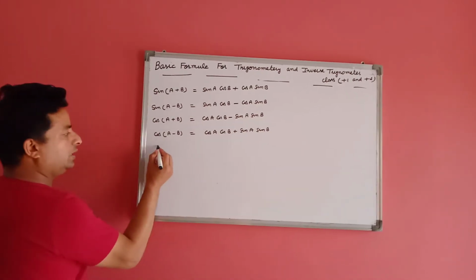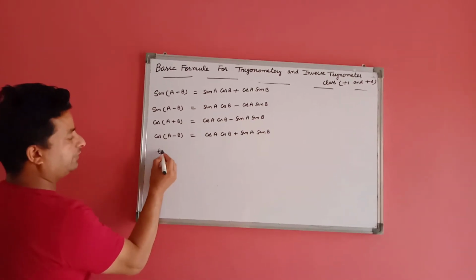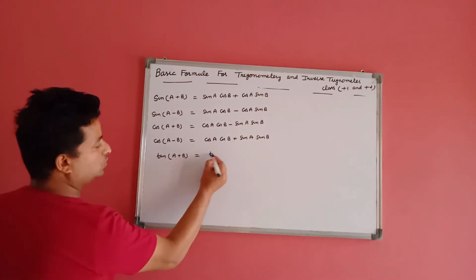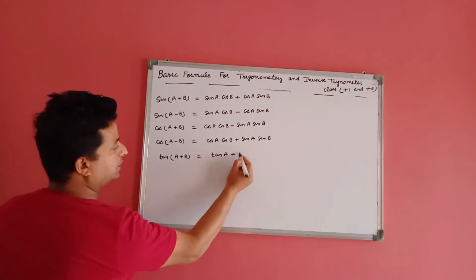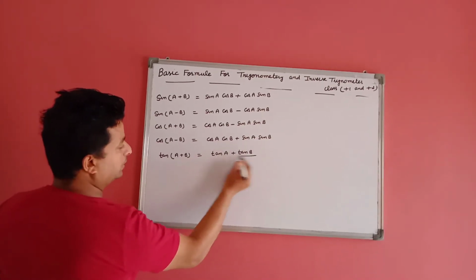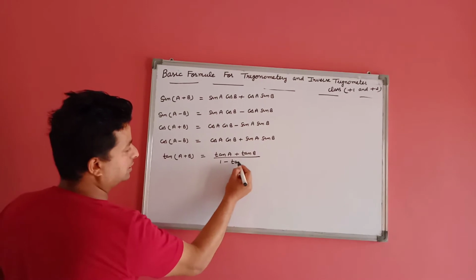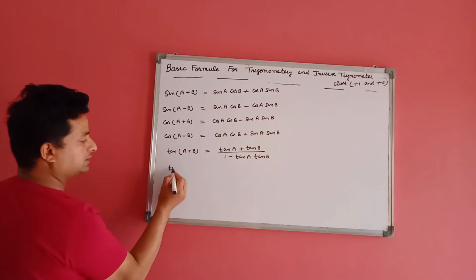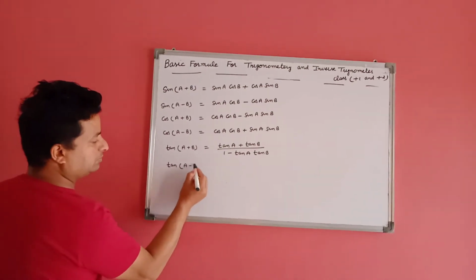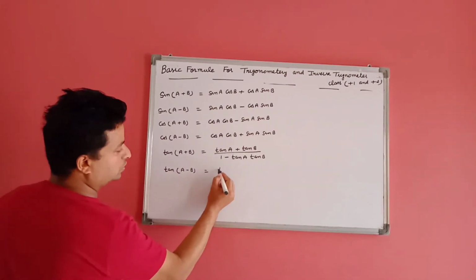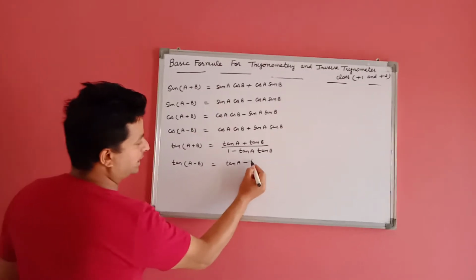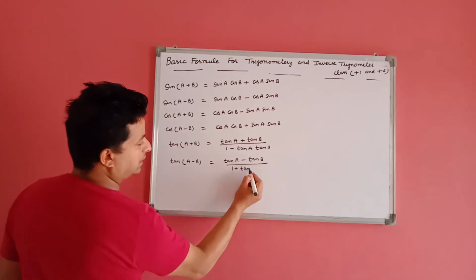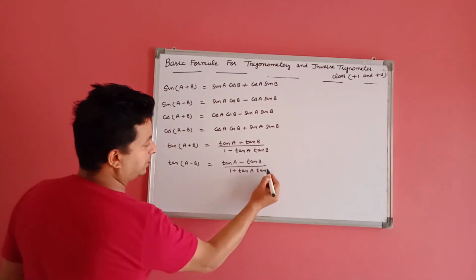In next formula we have tan(A+B), which equals (tan A plus tan B) over (1 minus tan A tan B). The next one is tan(A-B), which equals (tan A minus tan B) over (1 plus tan A tan B).